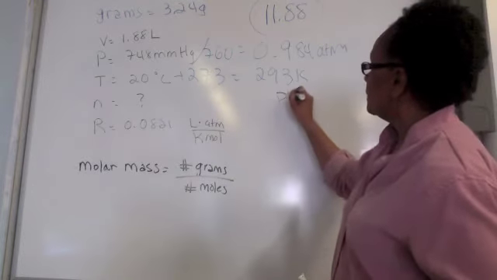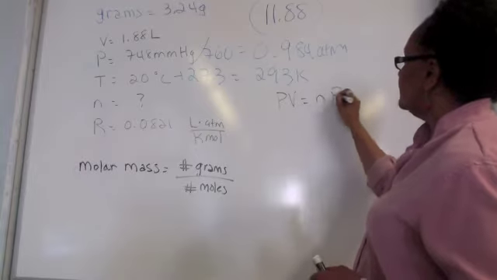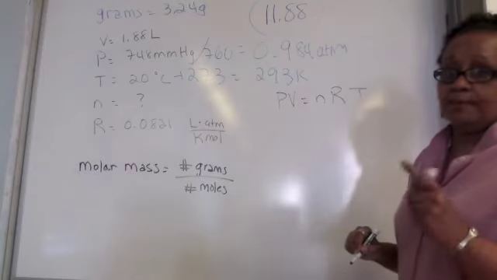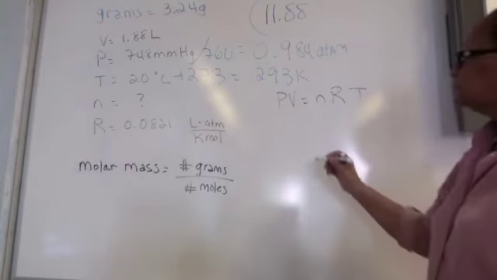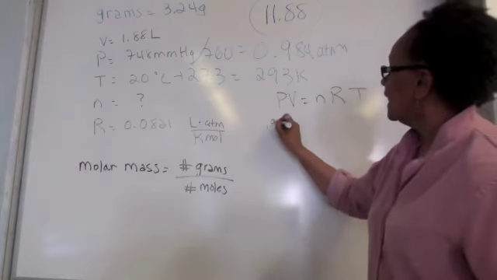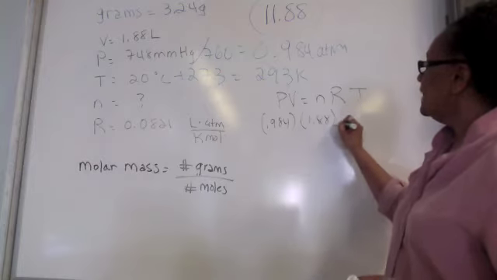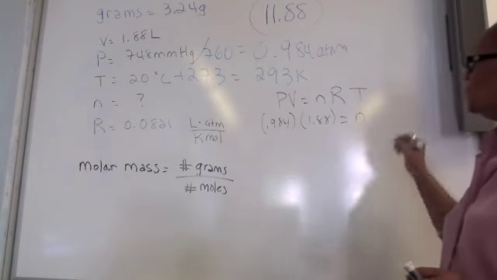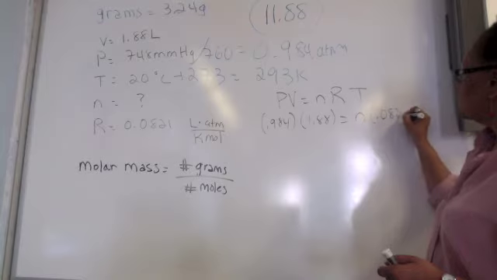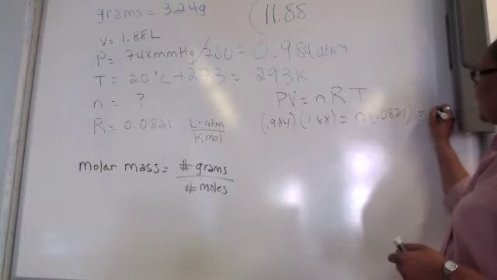My ideal gas law equation is PV equals nRT. I'm going to go ahead and put my variables in there. I have 0.984 as my pressure, my volume is 1.88, equals n, which is my unknown, my gas constant is 0.0821, and my temperature is 293.